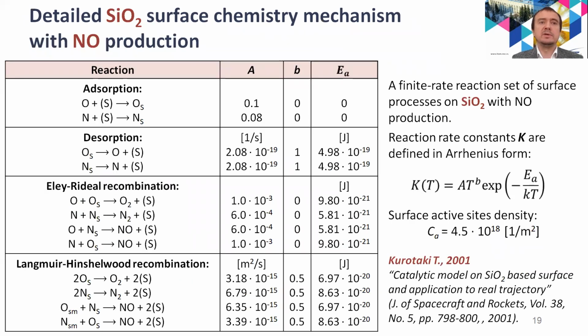And the third one is the silica mechanism of Kurataki, which is interesting because it includes the reactions of NO production, both during the Eley-Rideal recombination and Langmuir-Hinshelwood processes, which also lead to this NO production. And I will show you some code verification results for a single processor case for this particular Kurataki mechanism.